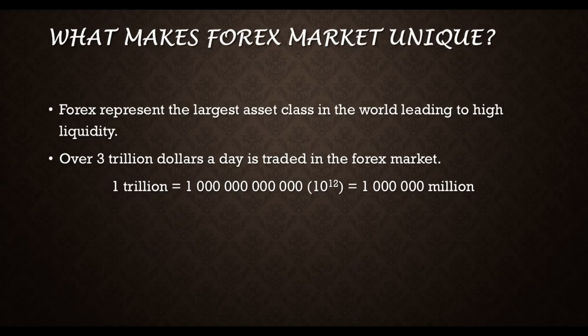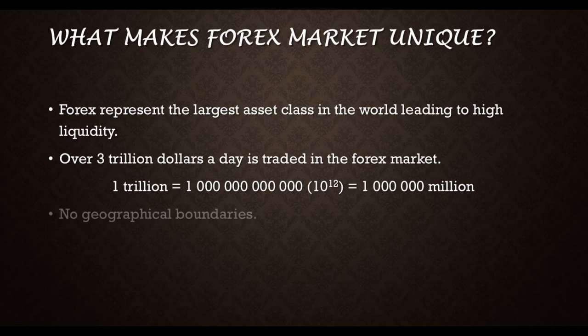Yes, 20 million kilograms of rice. Now you can understand how big a trillion is. In the forex market, over $3 trillion a day is traded. That is very huge. That is why the liquidity of the forex market is very high.